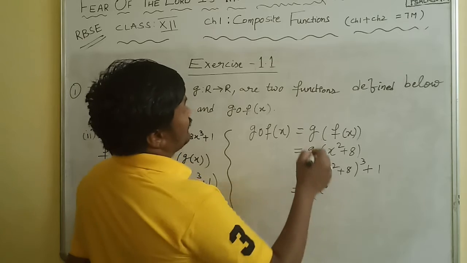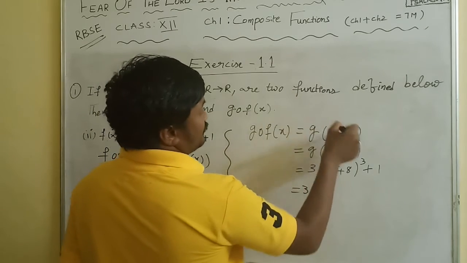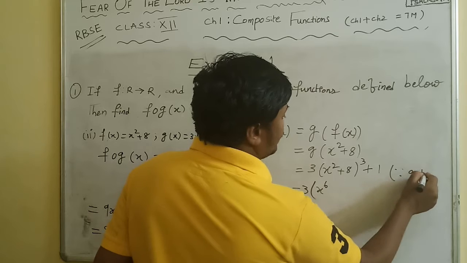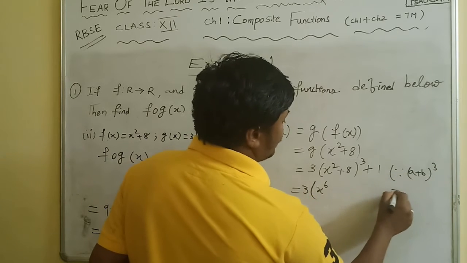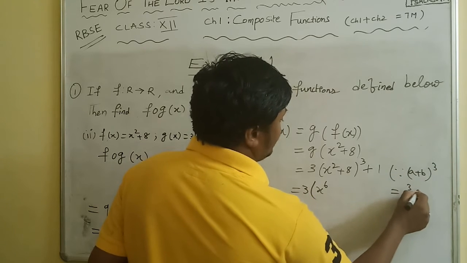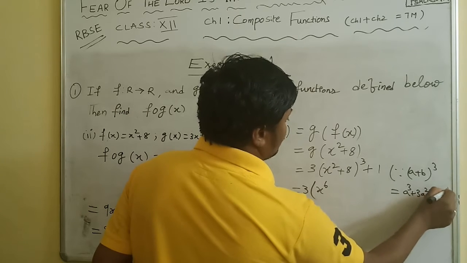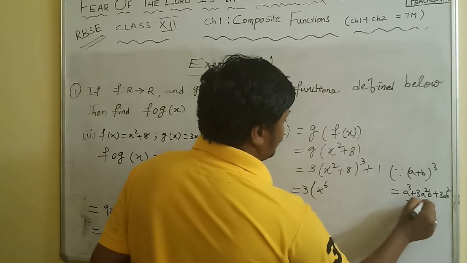If you want, I'll write here the formula we used: (a plus b) whole cube is equal to a cube plus 3a square b plus 3ab square plus b cube.